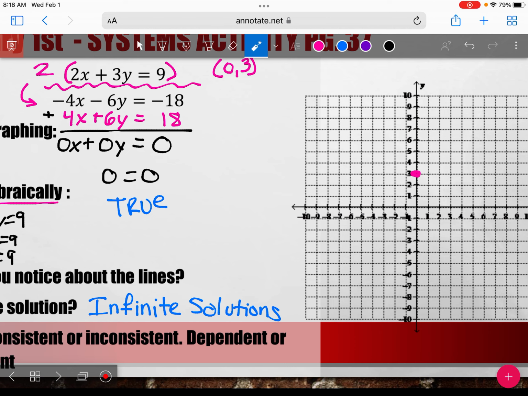So if y was 0, because I physically blocked it out, we had 4.5. Is that enough info to make a line? If it's a line, all you really have to have is 2 points.